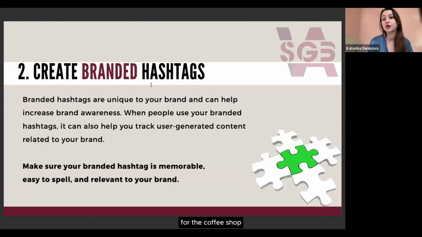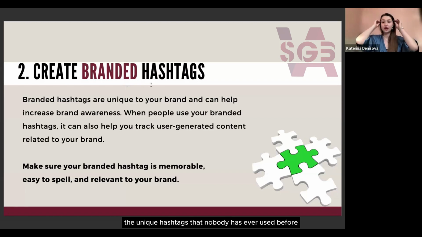For example, for a coffee shop called Nova, I can make a hashtag Nova Batumi. That's it. A unique hashtag that nobody has ever used before. And I can collect my posts under this hashtag if I want.